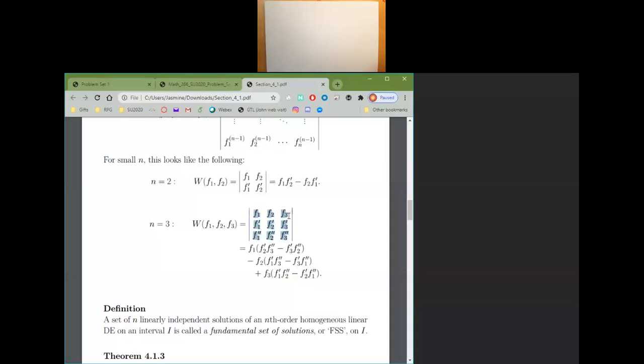So delete this row, delete this first column, take the derivative of just f2 prime, f3 prime, f2 double prime, f3 double prime. And so then it just reduces to this, right? So every n degree determinant can be reduced to n multiples of the previous size determinant.